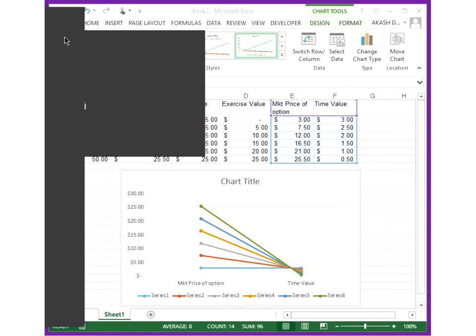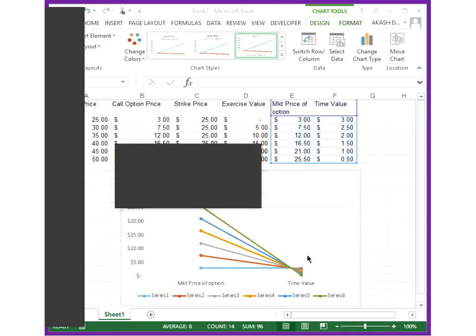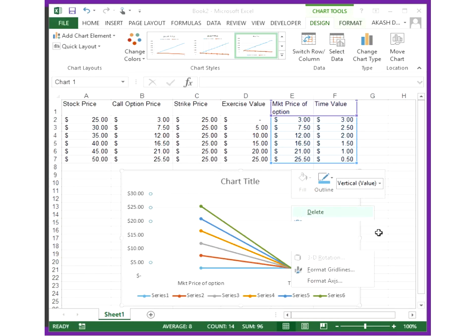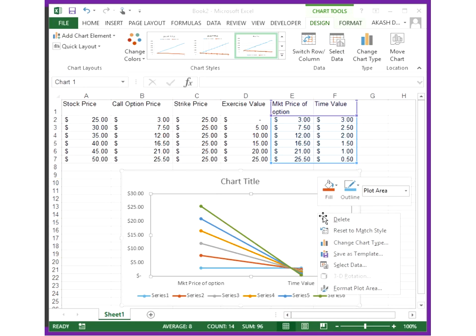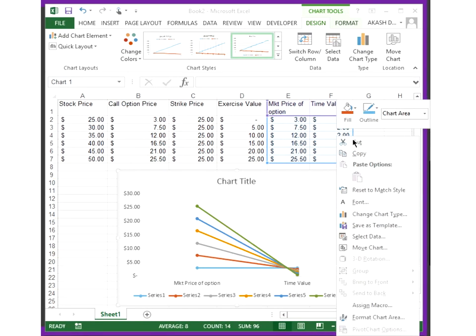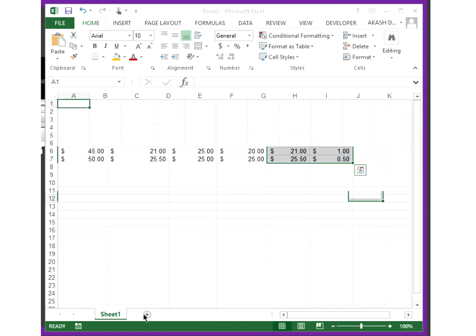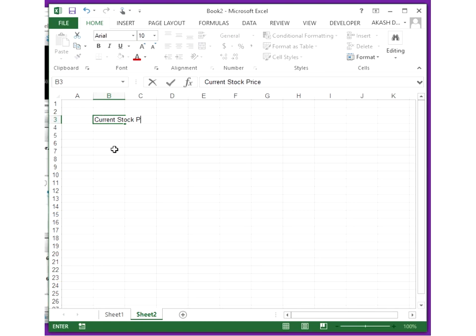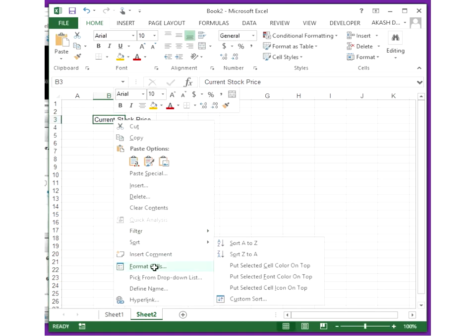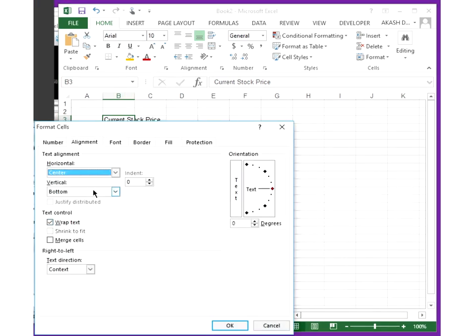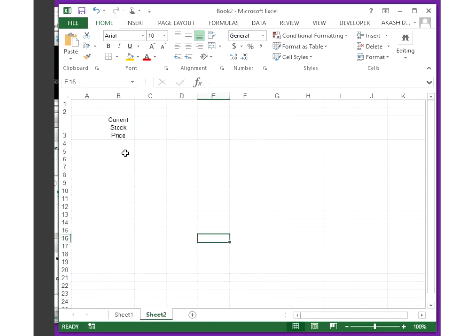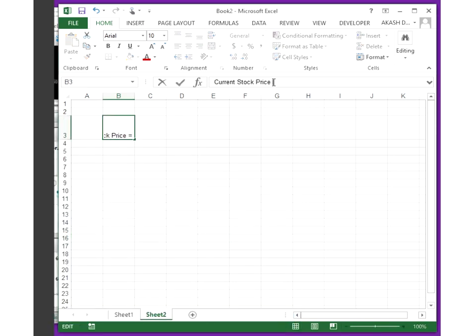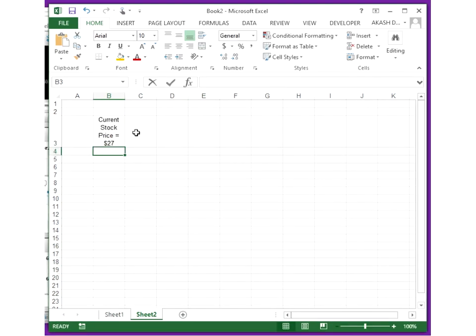So let's work this out in Excel. All right, so the current stock price is equal to $27, right?